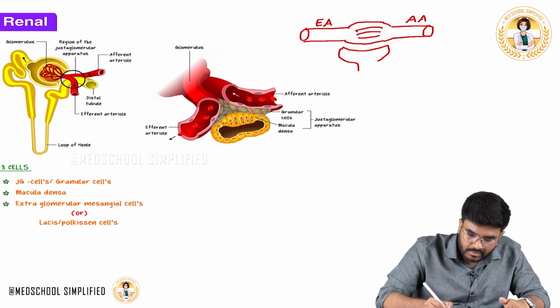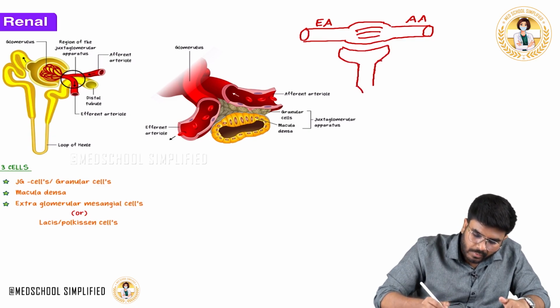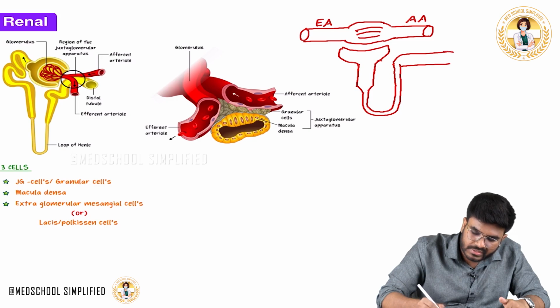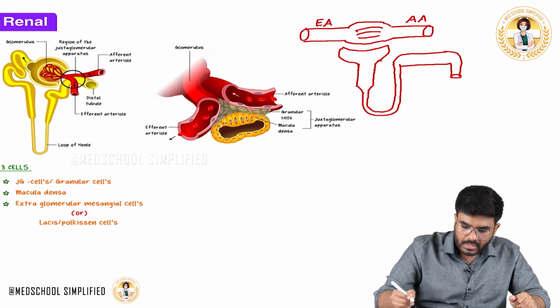This is Bowman's capsule. Now, after this Bowman's capsule, here is a proximal convoluted tubule. Now, after proximal convoluted tubule, here is the loop of Henle. Okay, this is descending limb of loop of Henle, hairpin turn, and ascending limb of loop of Henle. Now, here you will be having distal convoluted tubule. Okay, this is the distal convoluted tubule, and later you will be having collecting tubules, collecting ducts.